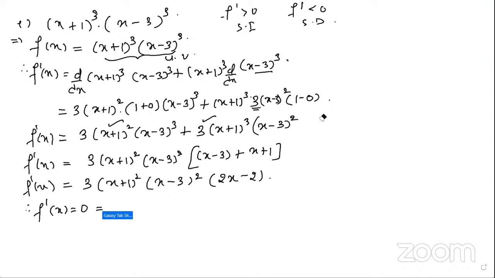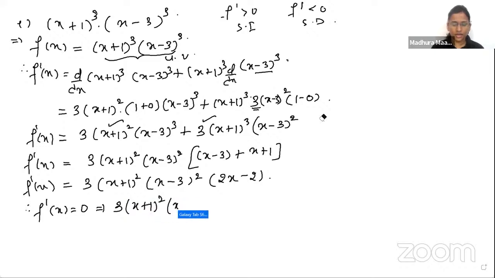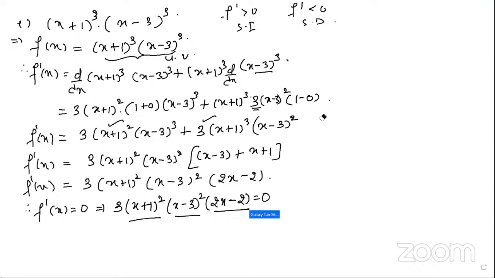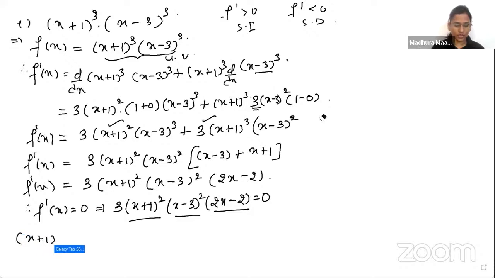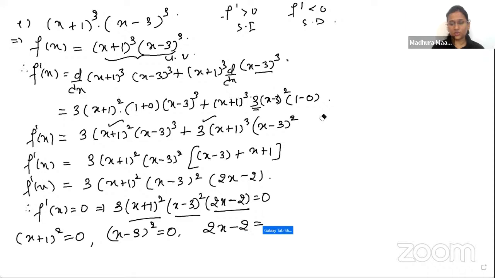Okay, so that is nothing but 3 into (x plus 1) whole square, (x minus 3) whole square, (2x minus 2) equals to 0. Tell me, do we have 3 factors here? Yes, ma'am. So since there are 3 factors, either (x plus 1) square is 0 or (x minus 3) whole square is 0 or 2x minus 2 equals to 0.